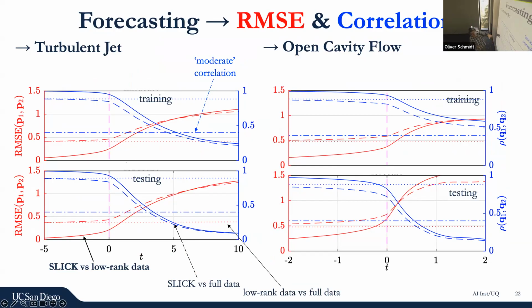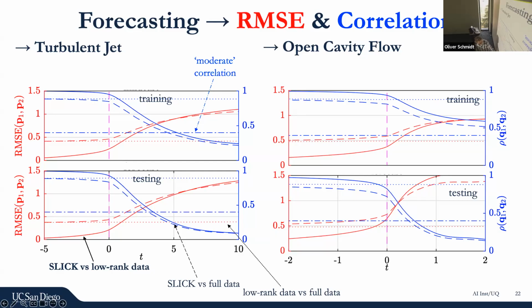We get training and testing data, right? So we want it to be fair. We learn from the AI machine learning community a little bit. So we can just look at the testing data that the model has never seen, right? So the error starts low, and then of course at time zero it starts ramping up. The correlation between the testing data and the model forecast, that of course goes down.